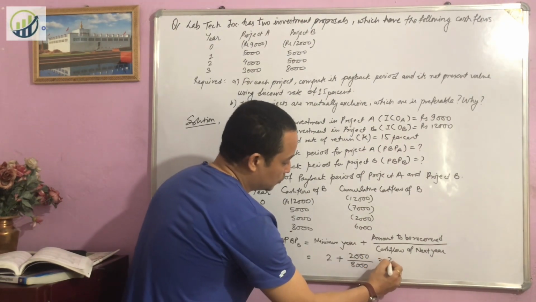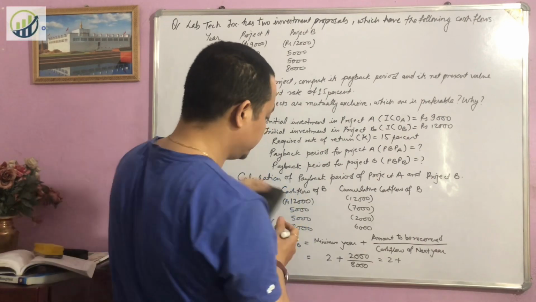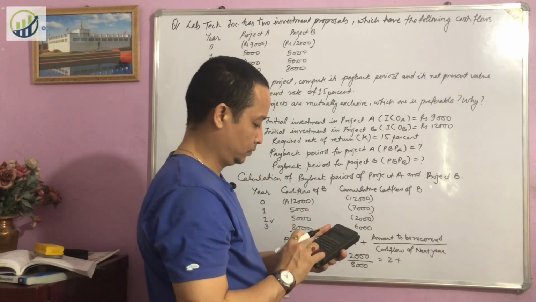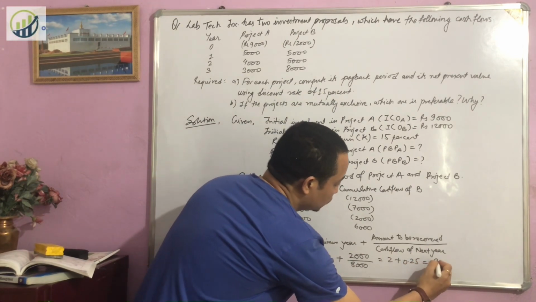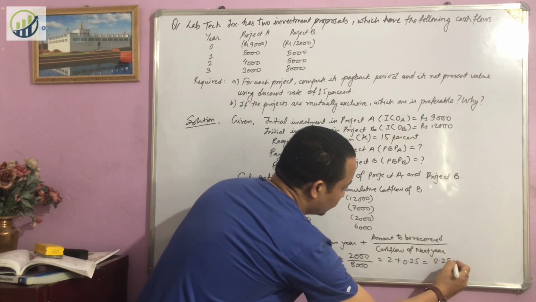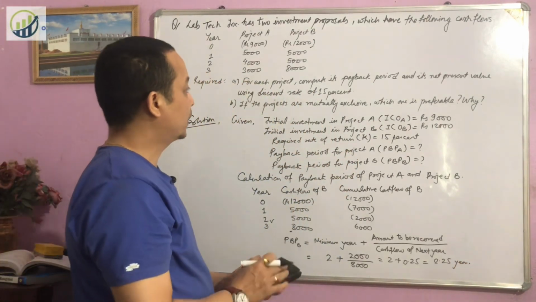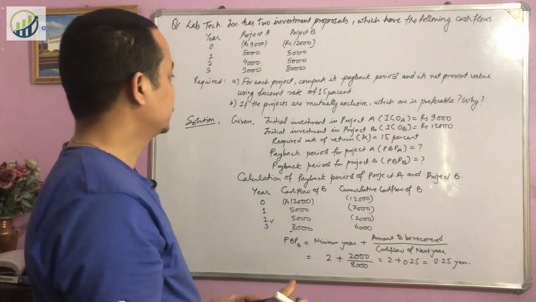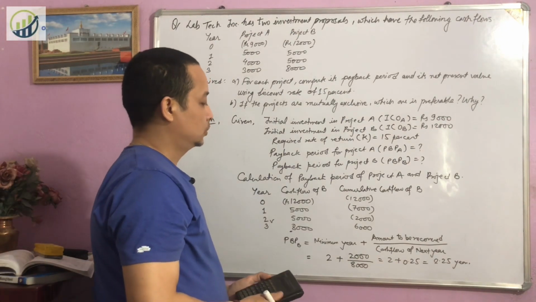Now let's see, 2 plus, here you will get 0.25, that is 2.25 years.